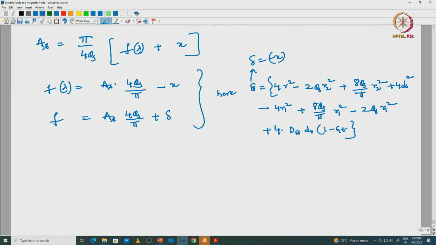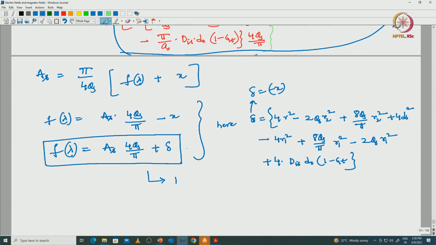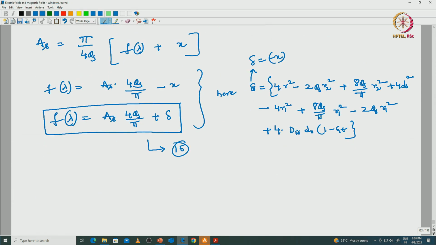So, this is the final equation with respect to the function f of lambda, the equation number 15. This function represents the copper function, how much amount of copper we are utilizing in the electrical machine, because this f of lambda function depends upon the slot area, number of slots and slot geometry.